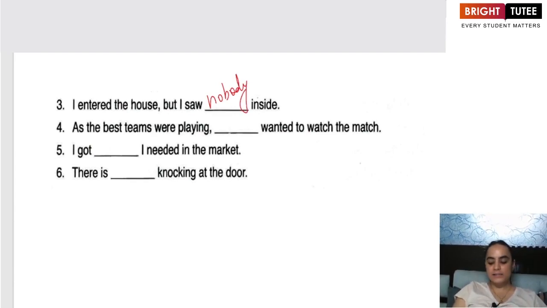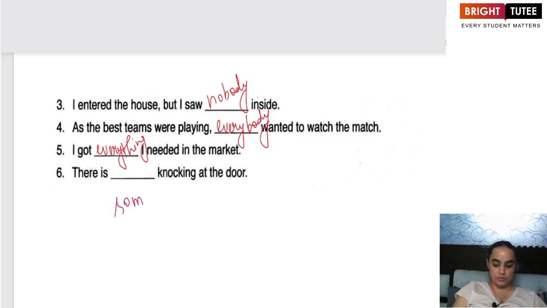As the best teams were playing, everybody wanted to watch the match. I got everything I needed from the market. There is somebody knocking at the door.